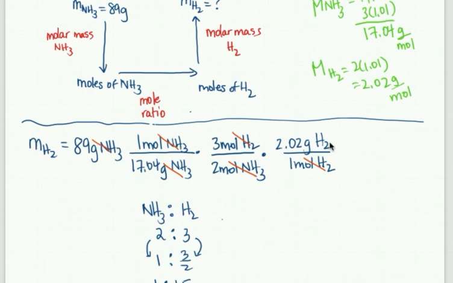And also it's the mass of hydrogen, which is what we want. All right, so you can think of this as being over a line as well. You're going to take 89 times 1 times 3 times 2.02, and then divide all of this by 17.04 times 2, okay, and get the final answer here.